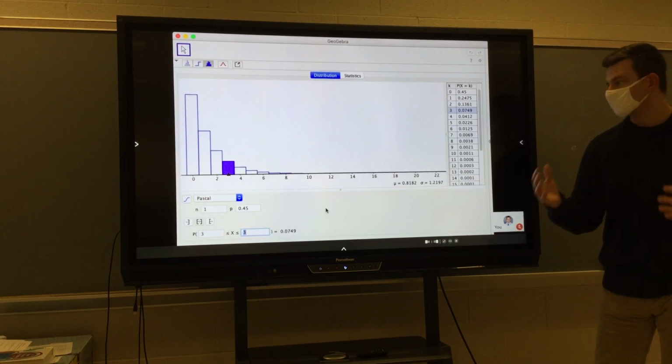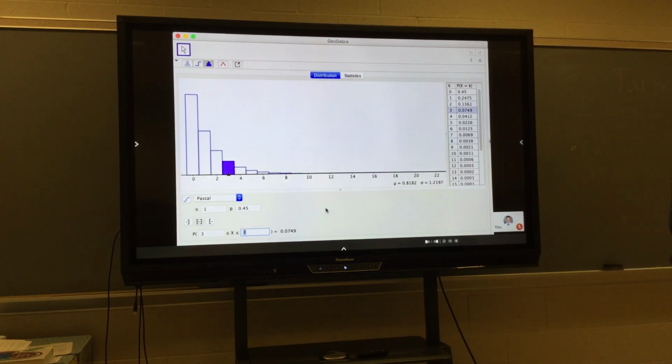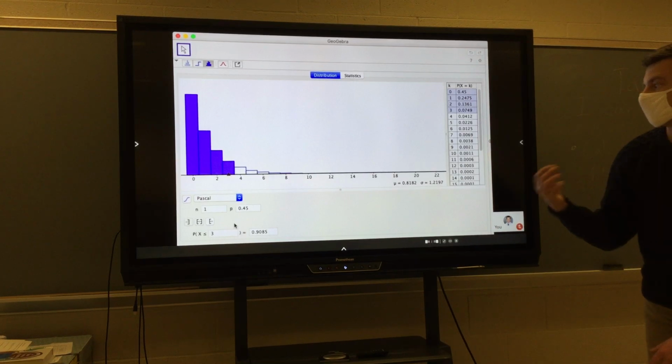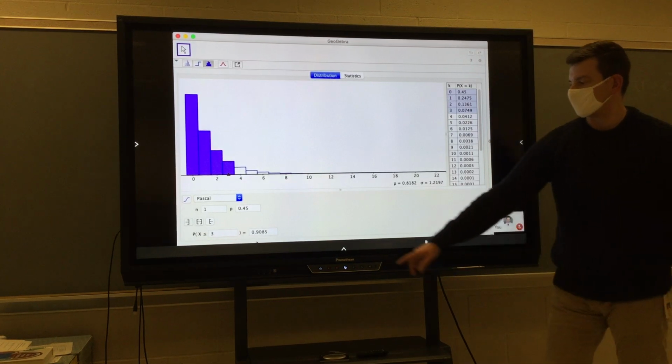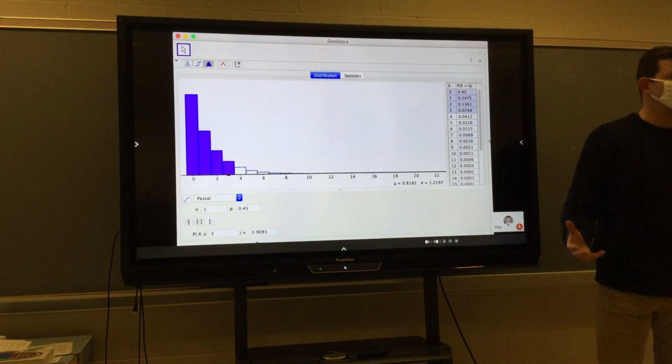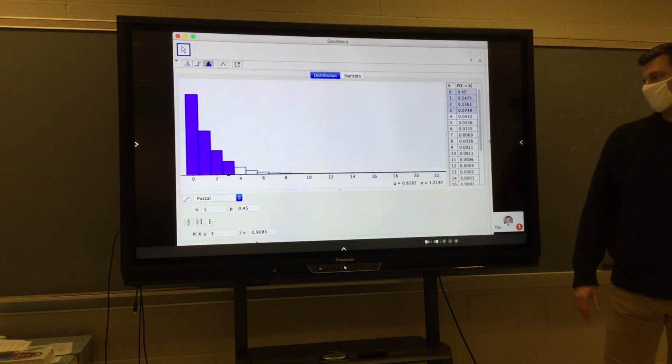Okay? So you can use this. You can make a cumulative probability. Like if I want to know the probability of getting that first success by my 4th attempt, that means I could have 0, 1, 2, or 3 failures. Same kind of thing, 0.9085 is that probability, that cumulative probability that we saw.